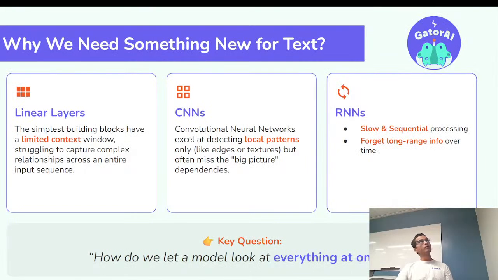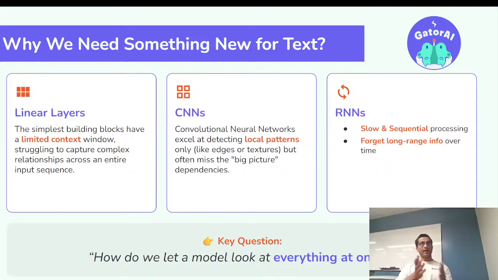So why do we need something new for text again? The CNNs are very useful for images, but they're good for detecting local patterns and regions, like the kernels that we talked about. And the RNNs are slow, with sequential processing. We forget long range info over a period of time. If you have a piece of a sentence at the start, the network is going to forget what was said at the start.